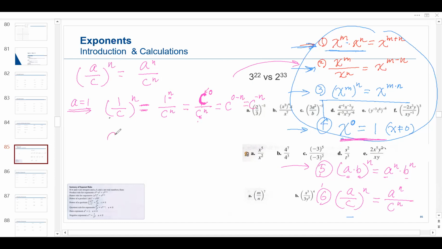So if the exponent is negative, we can write it like this: we can do the reversal and move it into the denominator. The top is 1, right? This is very important, called negative exponent. When there's a negative exponent, we can change it into the denominator.